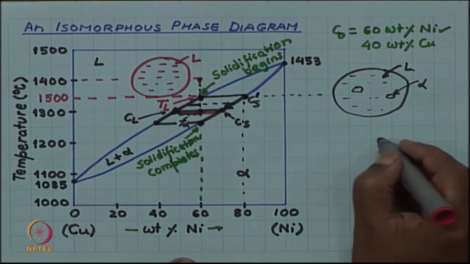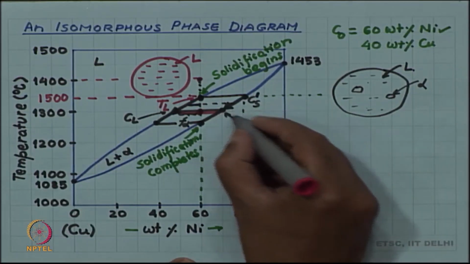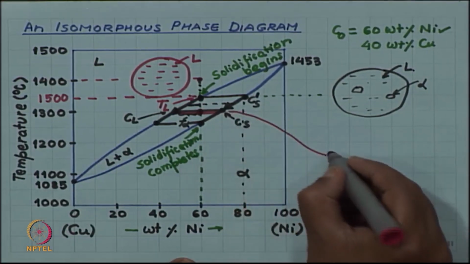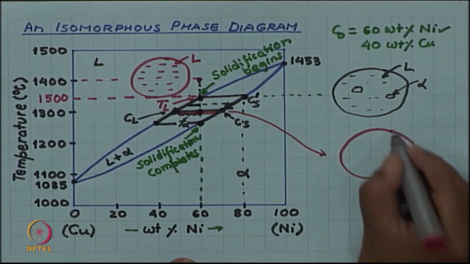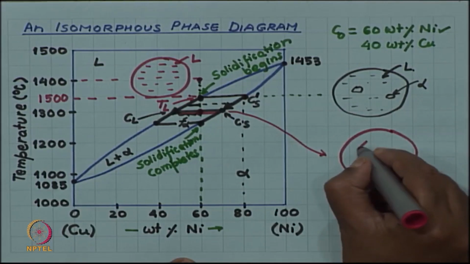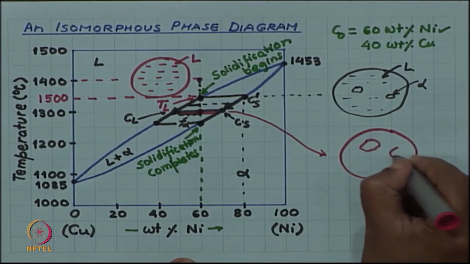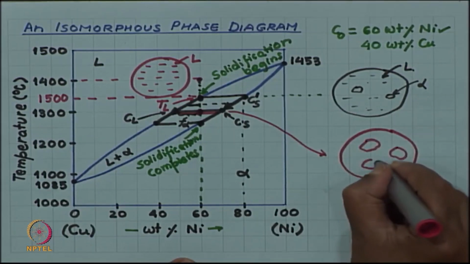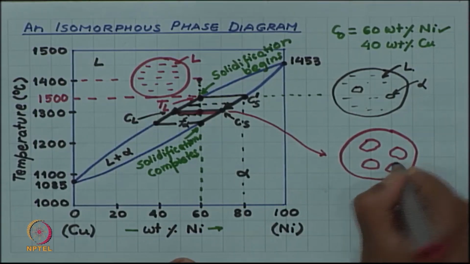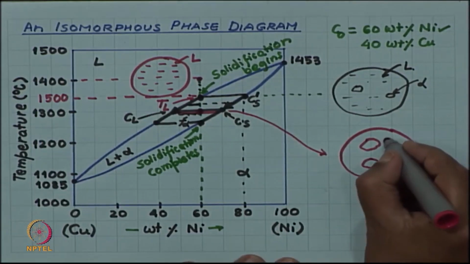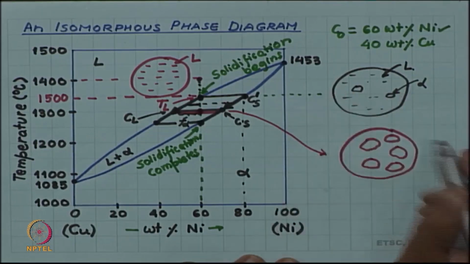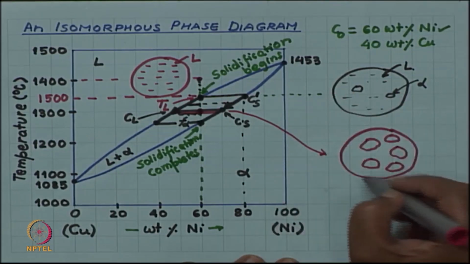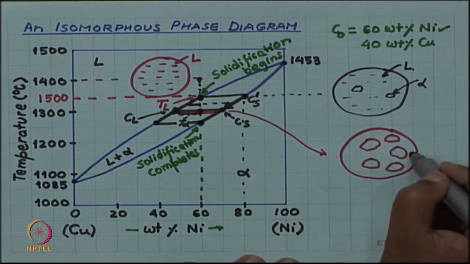So, I can imagine that at this temperature I have 50% solid, and I am not showing 50% solid as one single half of the diagram as solid and another half as liquid.